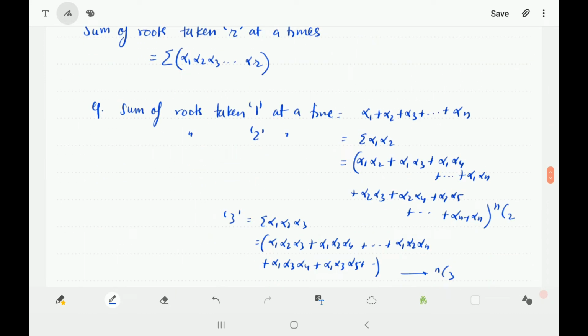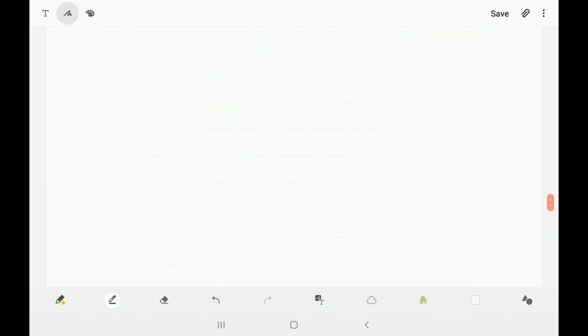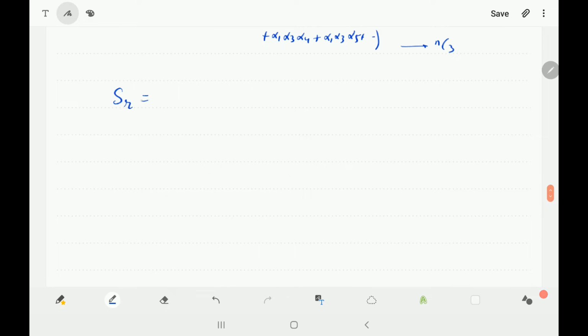Now let's move on to the formula for this particular summation, and then we will try to check it. So sum of roots taken r at a time means we are taking the product of r roots, one at a time, and then adding them.